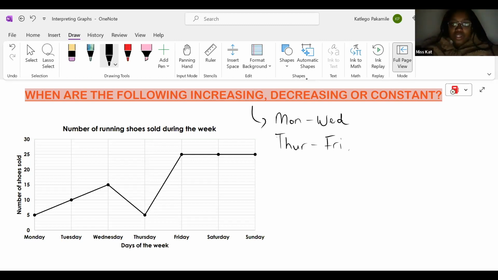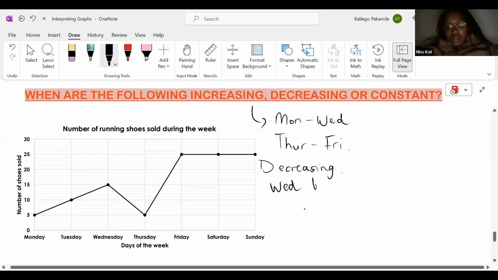Wonderful. When is the graph decreasing? When is the graph decreasing? Wednesday to Thursday. Okay, so that would be Wednesday to Thursday.